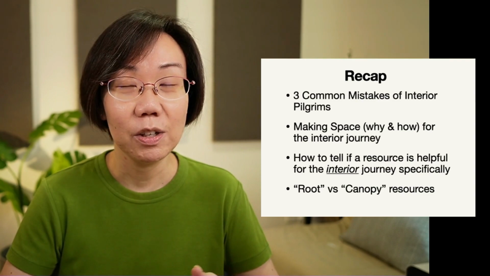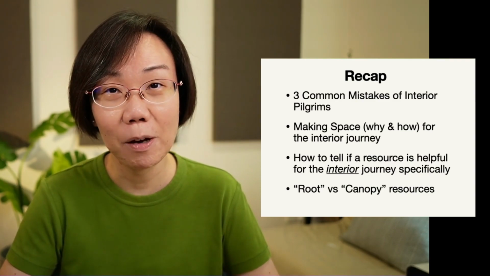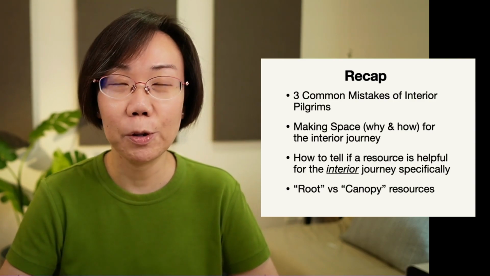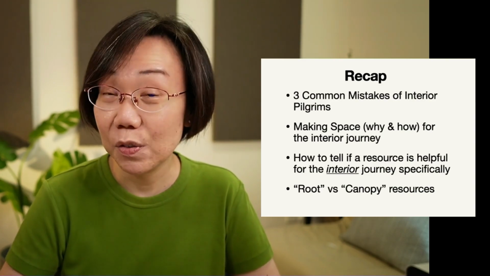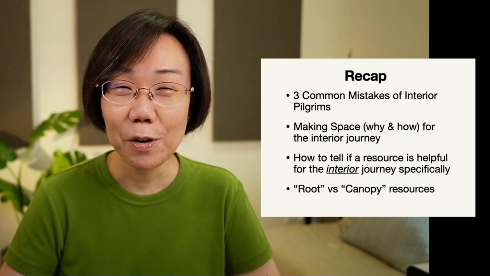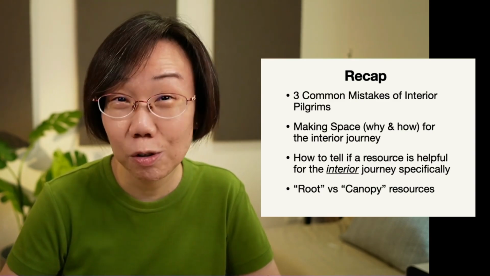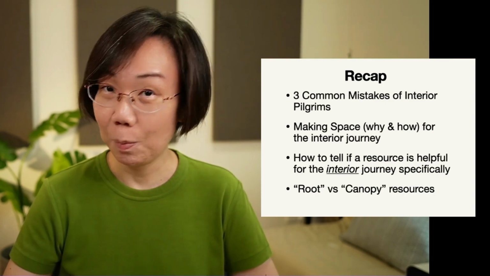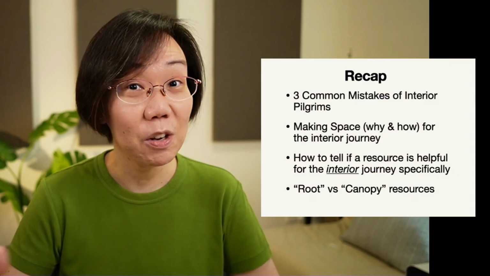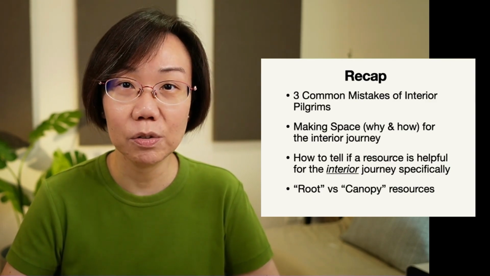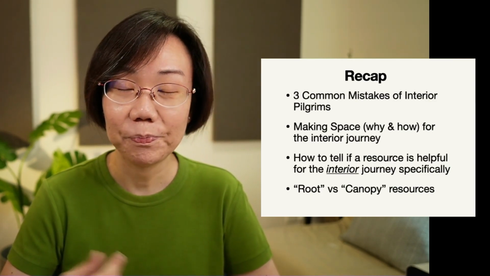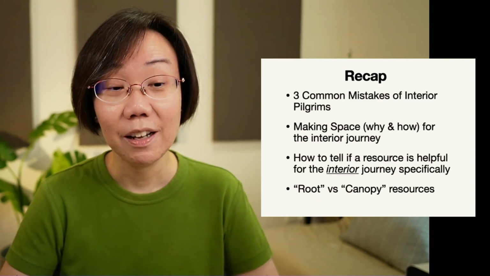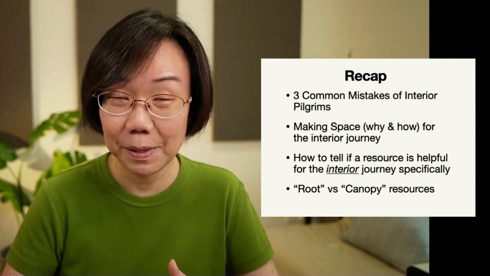And I then, in part 3, talked about how can you tell if the resources that you have in your life or the practices or activities that you're involved in, whether or not they actually help the interior journey, right? It may help other aspects of your life and humanity, but they may not be actually contributing to the interior journey growth. And then in part 4, I told you the difference between root versus canopy kind of resources.